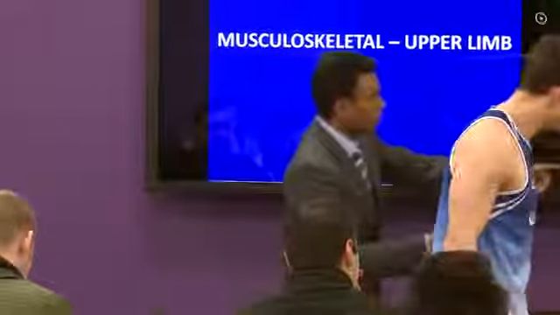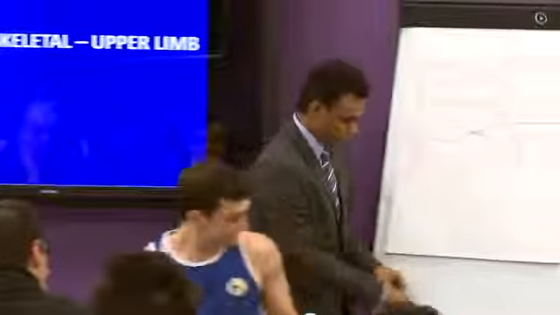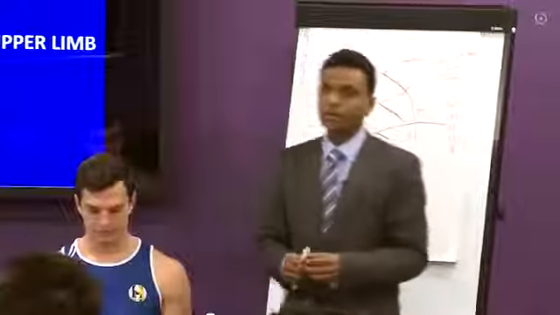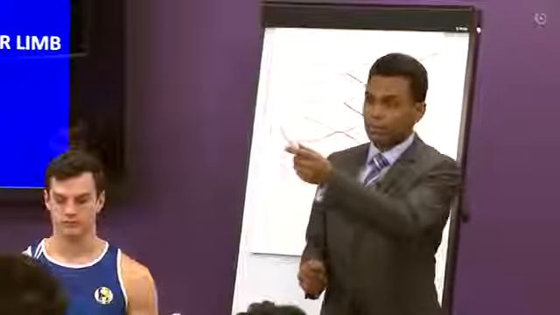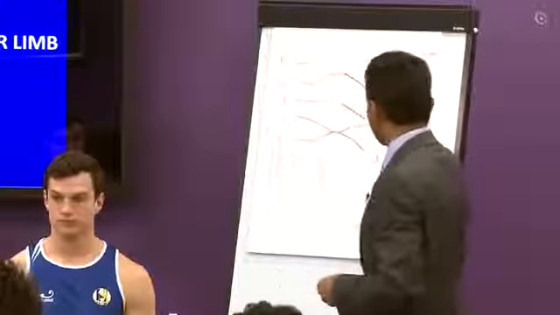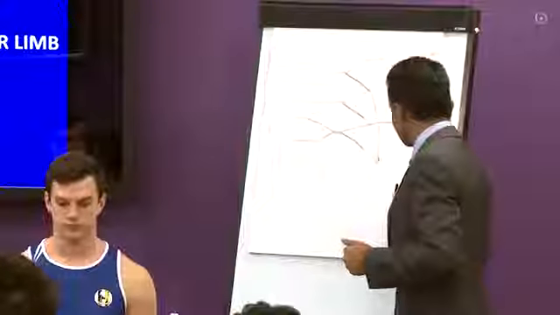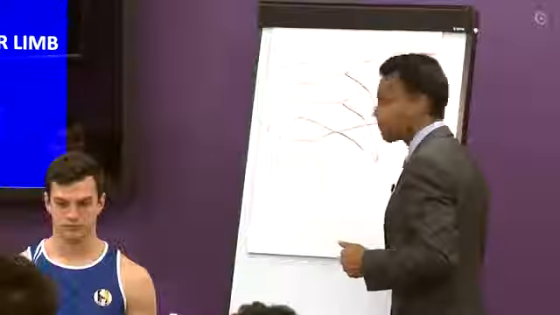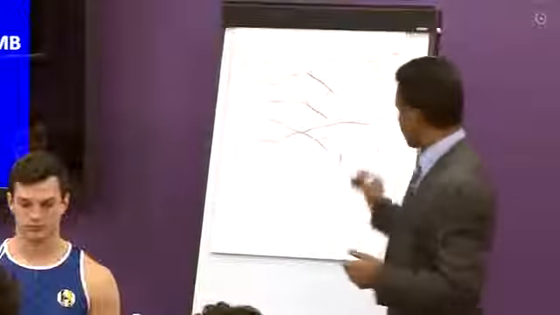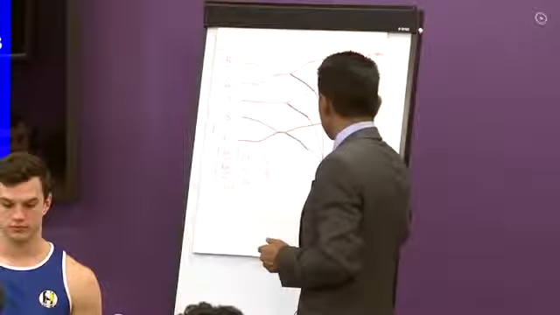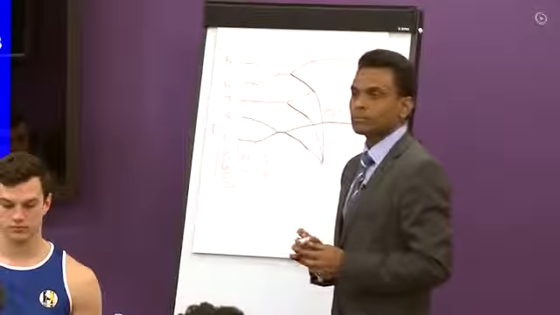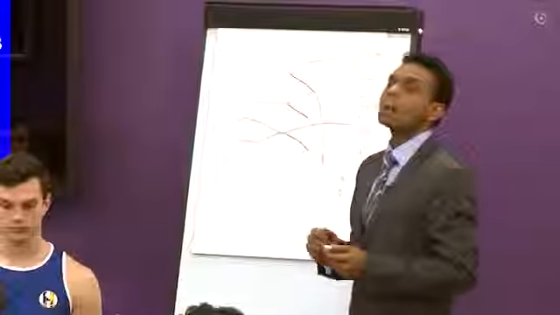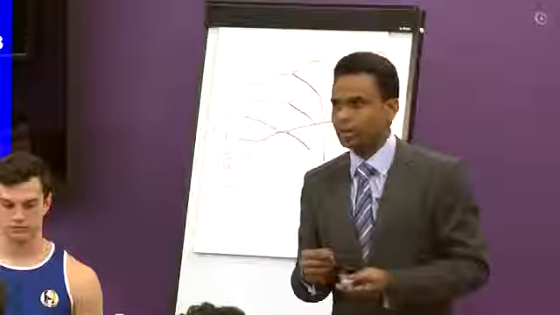Thank you. So what are the nerves from the posterior cord? Radial? Axillary? Very good. Upper subscapular.